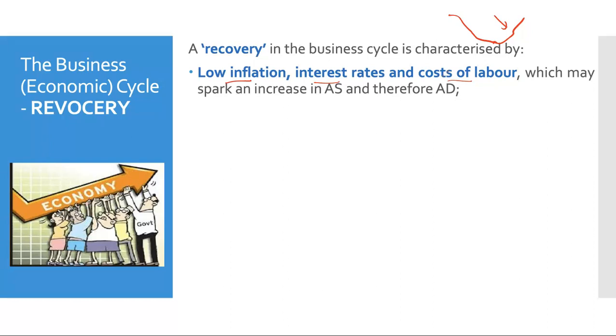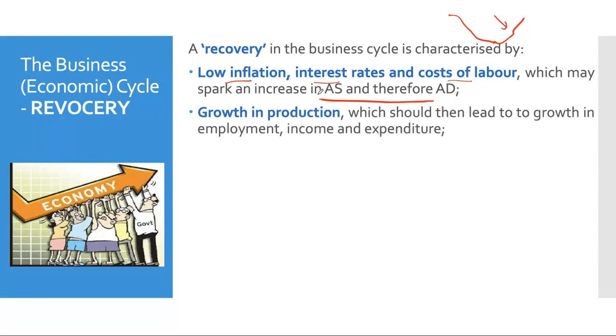So this starts to create an increase in our supply and demand. We are in the conditions for a recovery because things are cheap to buy, debt is easy to get and cheap to get, wages are cheap, so businesses start to expand. This leads to a growth in production, which should then lead to a growth in employment, income and expenditure as we start to have our recovery.